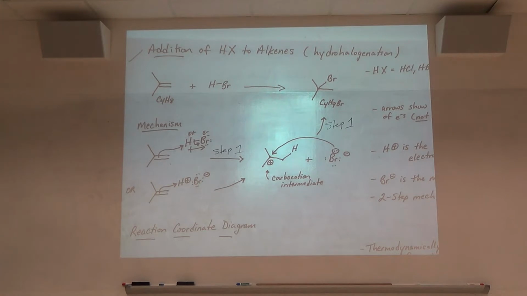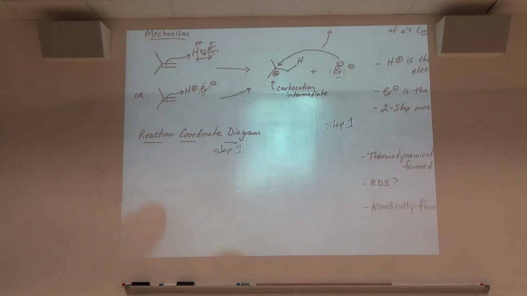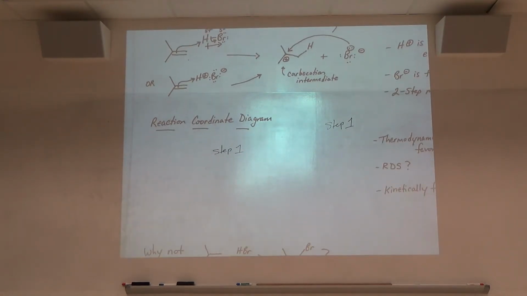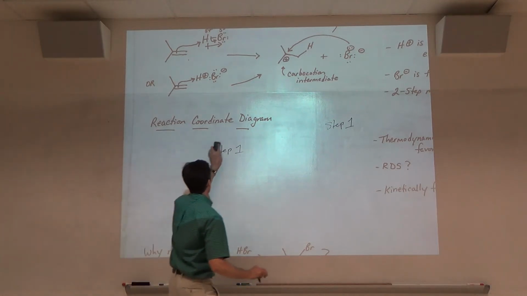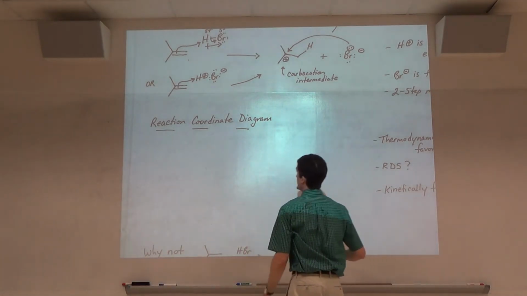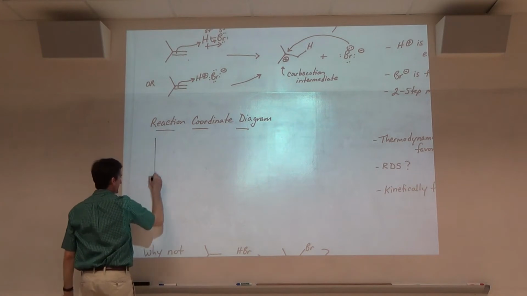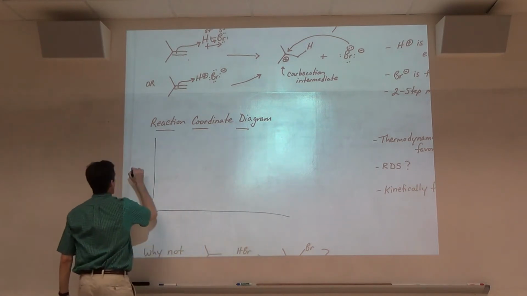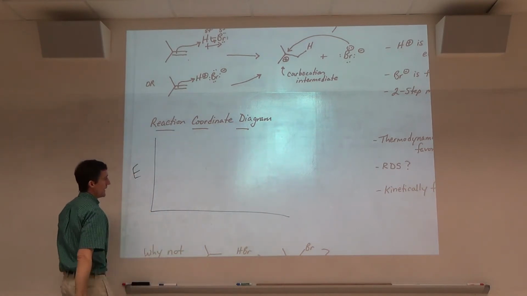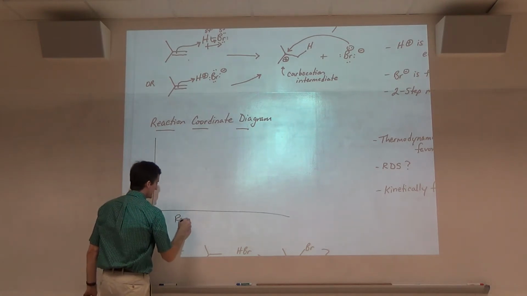Well, let's graph this. This is where I would have covered this on the other handout. Reaction coordinate diagram. A reaction coordinate diagram is where you show the energy flow of the reaction. We have energy, and this is going to be called reaction progress.